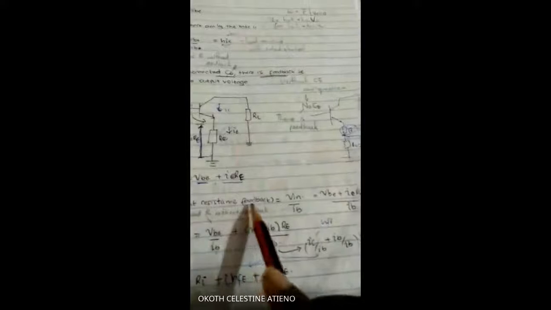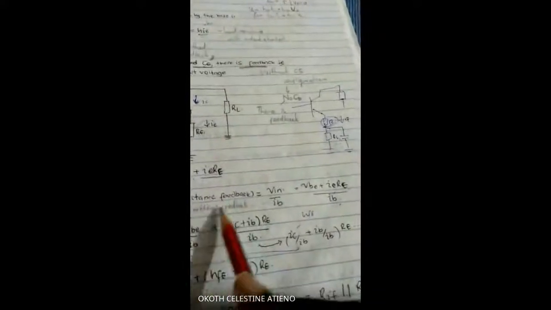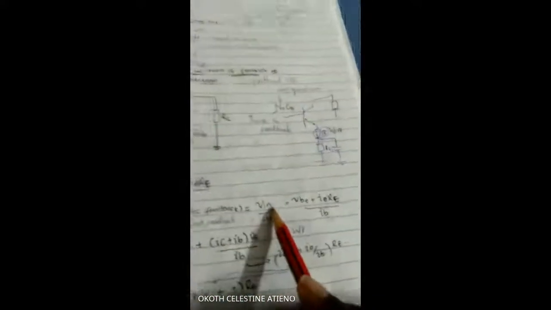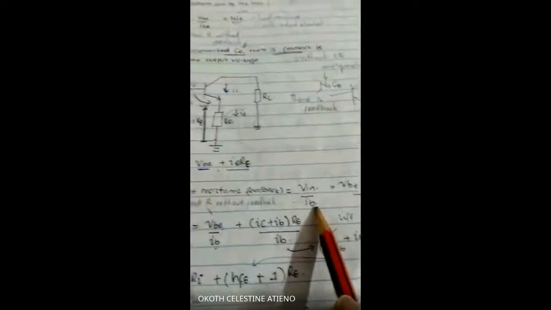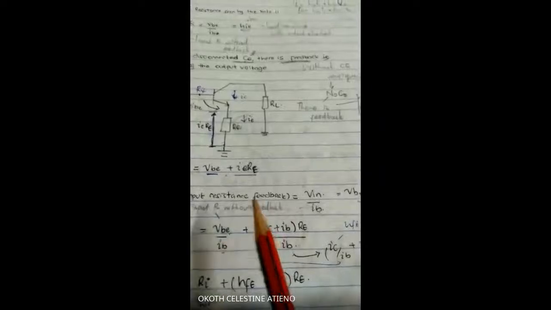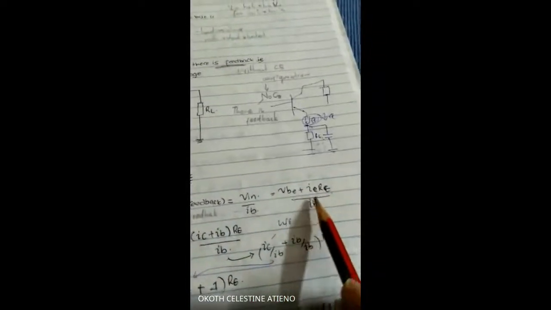So input resistance with feedback is V in over IB. Our V in is this plus this, as we've written here, over IB, of course. And V in we said is VBE plus IE RE. You know IE from KCL is IC plus IB.